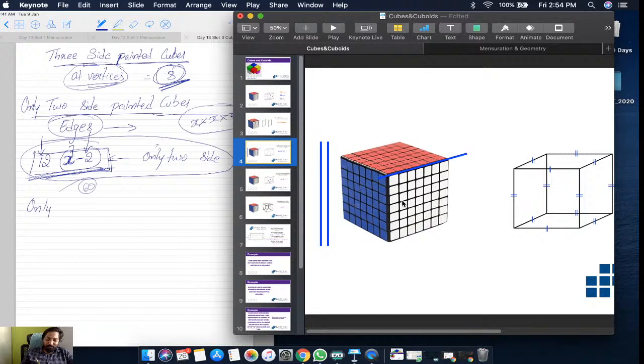Now, only one side painted. Now tell me, where do you find these one side painted cubes on this cube?